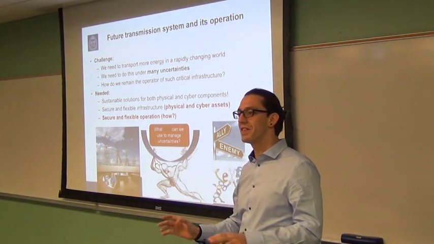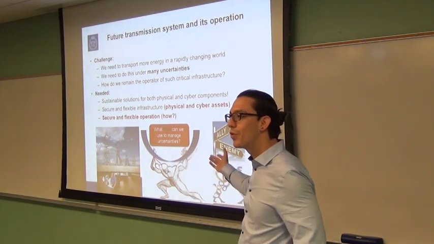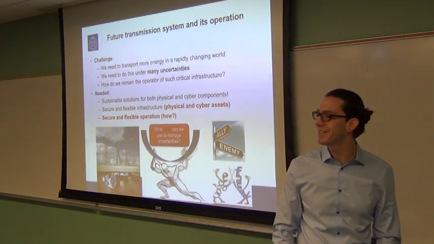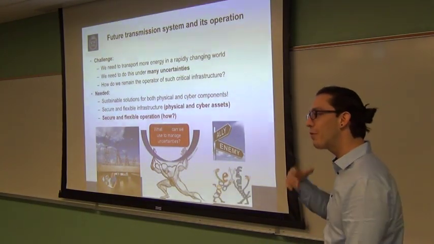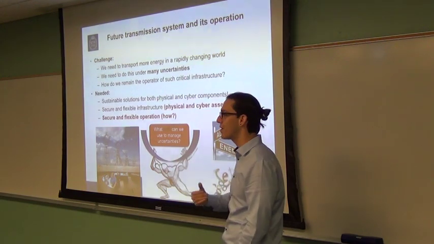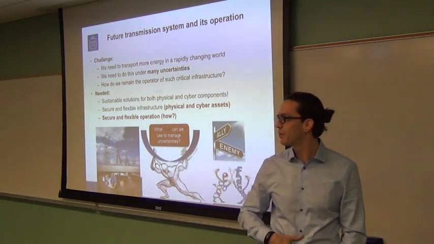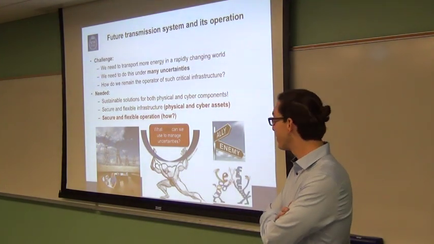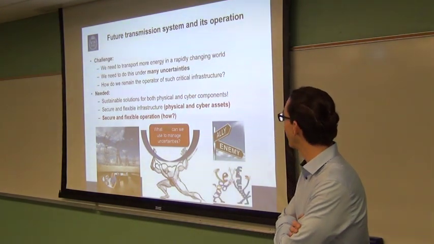Who says, well, why not have Google or Facebook run this? Don't you think they're perfectly capable of doing it? So how do transmission companies and distribution companies remain the operators of such critical infrastructure? Is there any future for them? This is a very interesting concept to think about, I think.